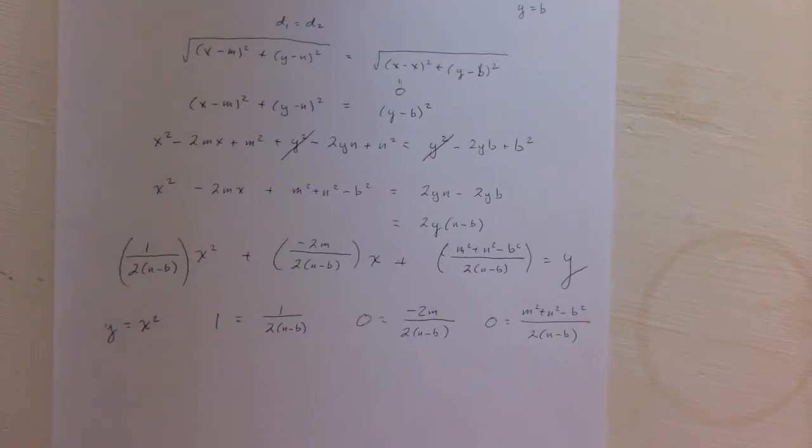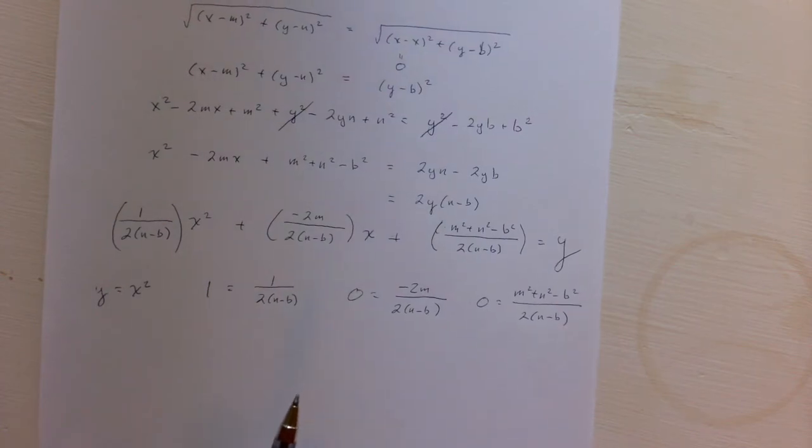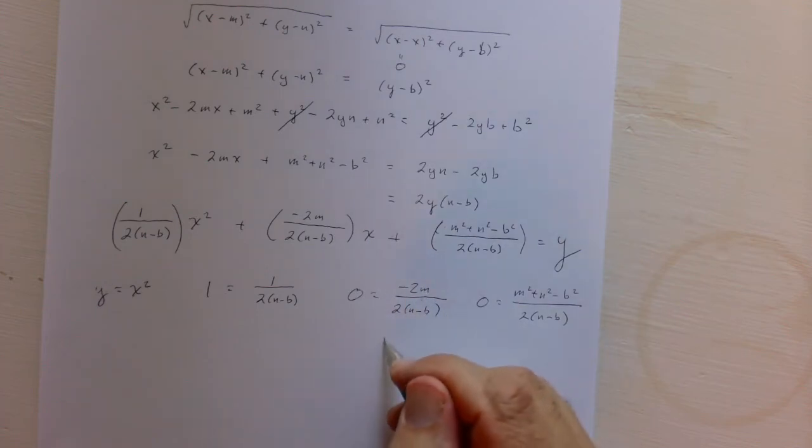We want to solve for m, n, and b. The easiest way is to look at the second equation. This tells us m has to be 0.